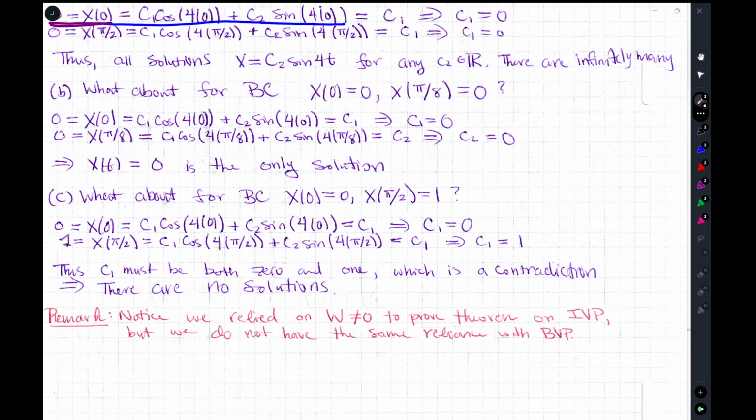And as you could see, we even run into problems where we get inconsistent solutions for C. So it's not just that we get infinitely many or one, it's also that we could find none, and that they contradict each other.